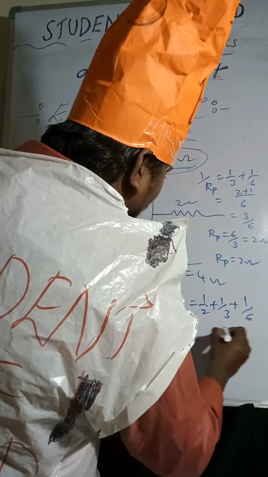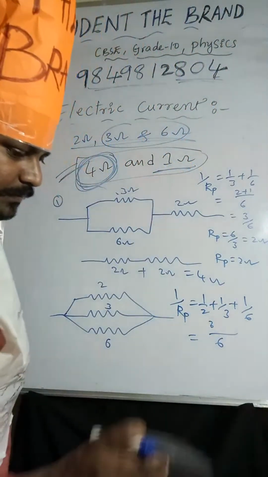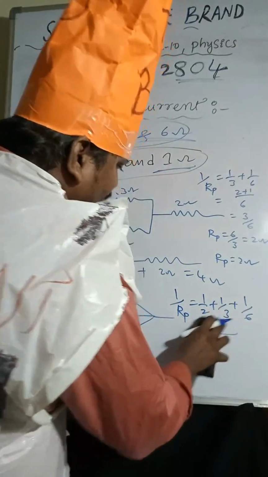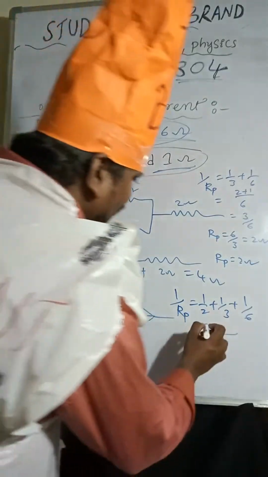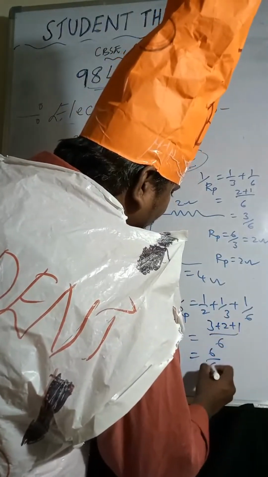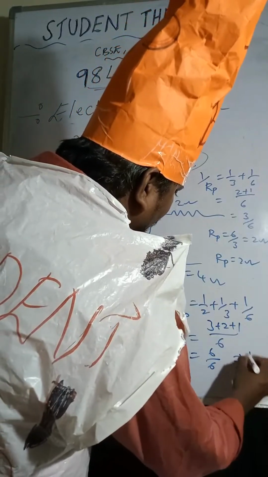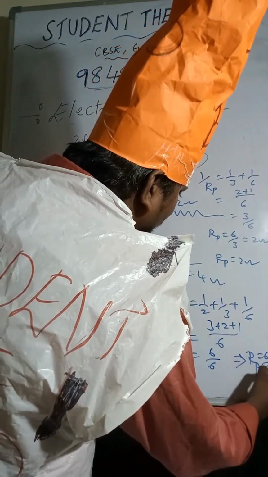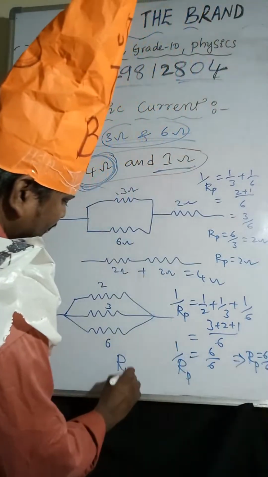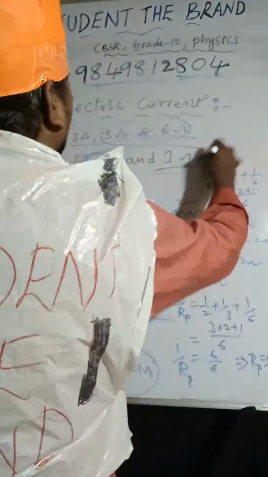Then 3, 2, 1, that is 6 by 6. That is one value. Rp is 1 ohm. So you got the next value also.